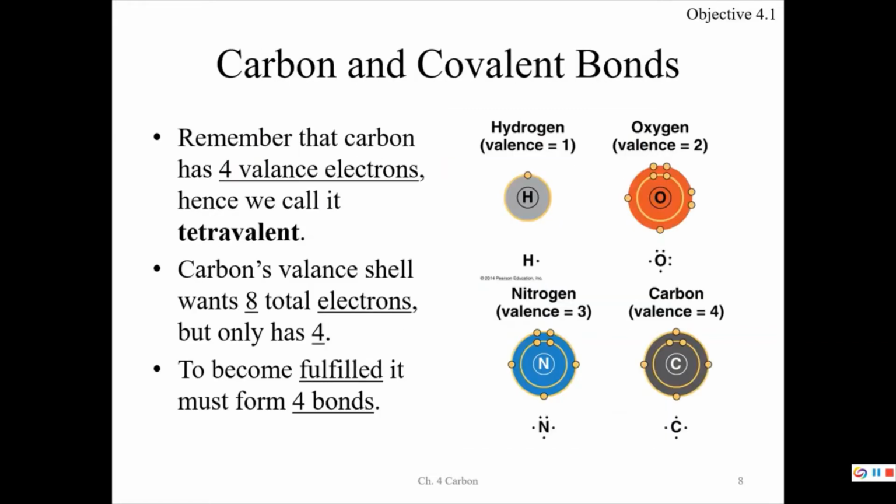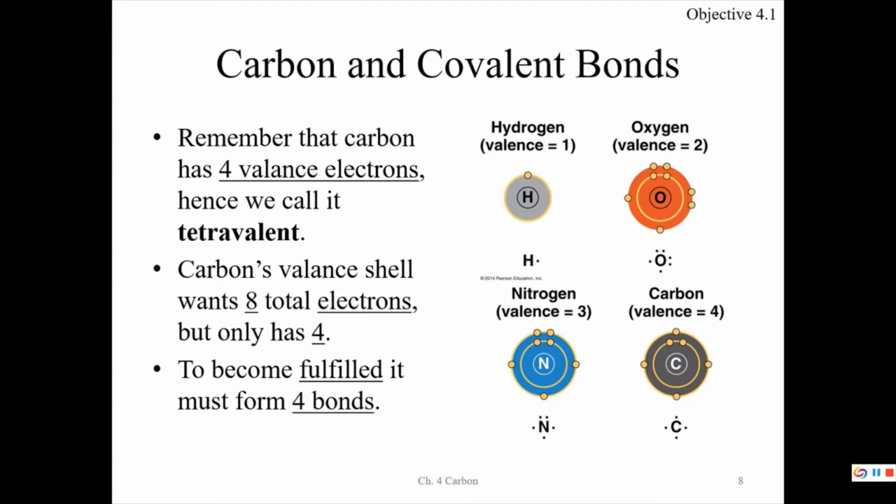Now, what I want to think as well is carbon and its covalent bonds. Now, carbon is tetravalent. What does that mean? Carbon has 4 valence electrons. That valence shell is the second shell that wants 8 electrons. It only has 4, so it needs 4 more electrons. That means it will form 4 bonds, okay?